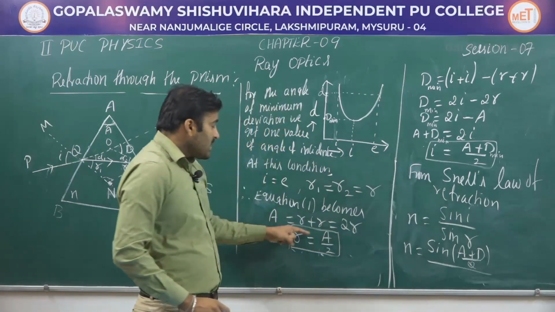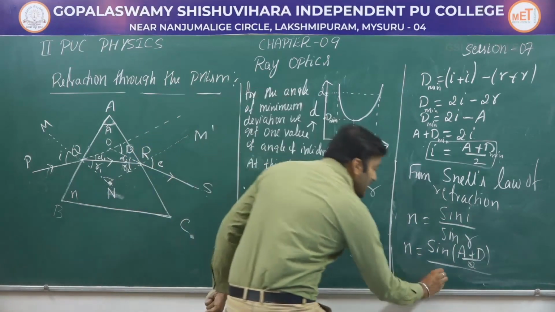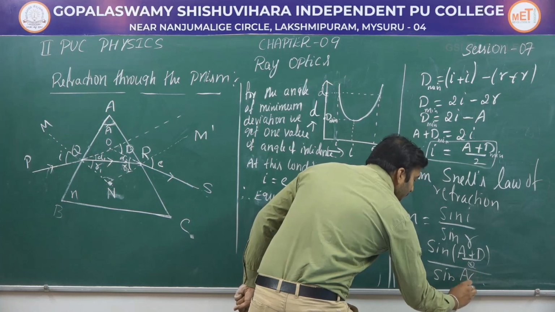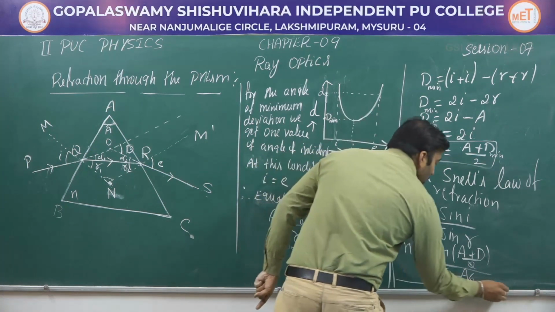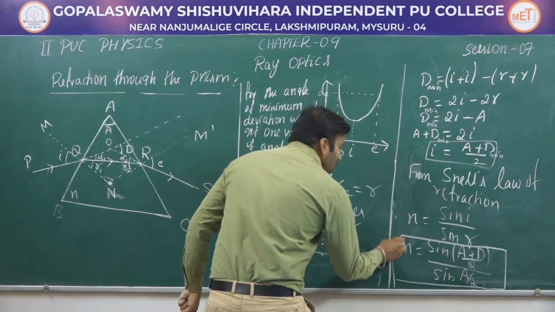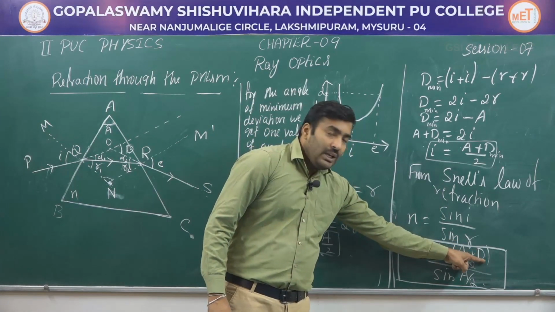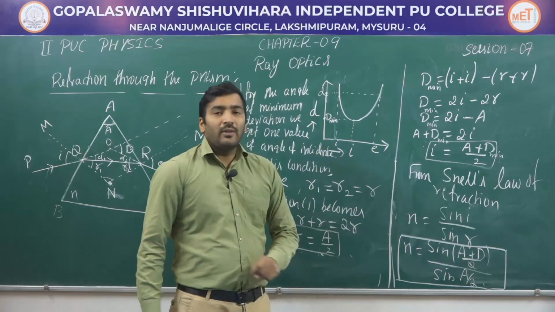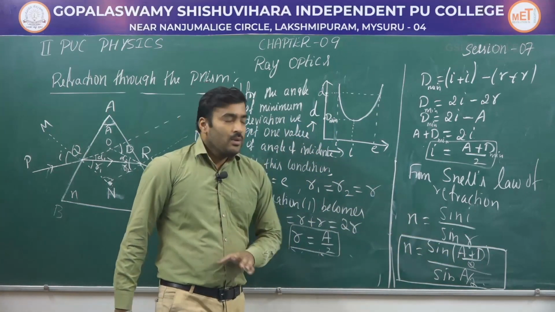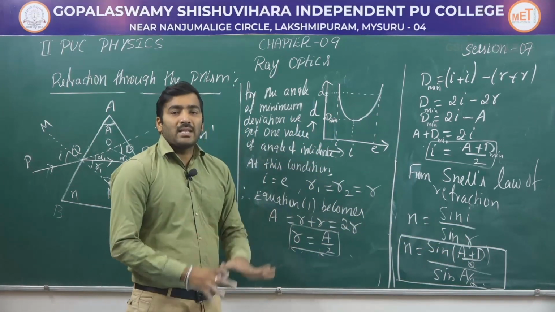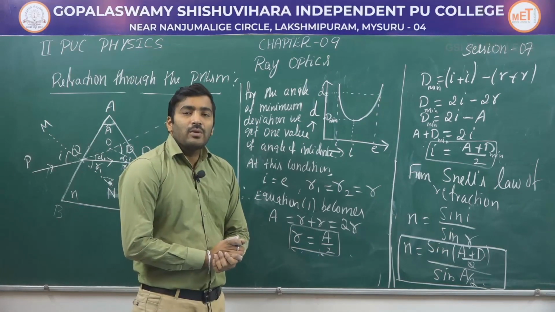So sin r is sin of A by 2. So this is the relation relating the angle of the prism and the angle of minimum deviation with the refractive index of the prism. This derivation will be asked for 5 marks in your exam, which is a very important one.